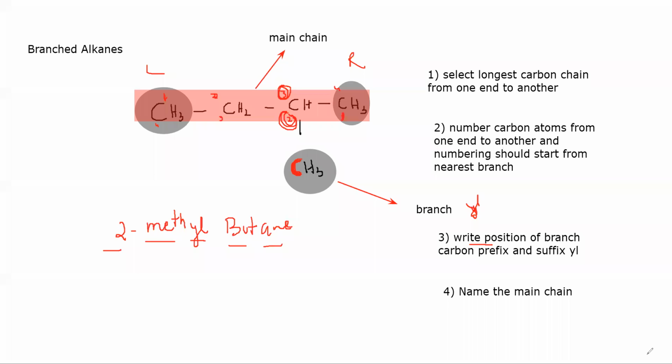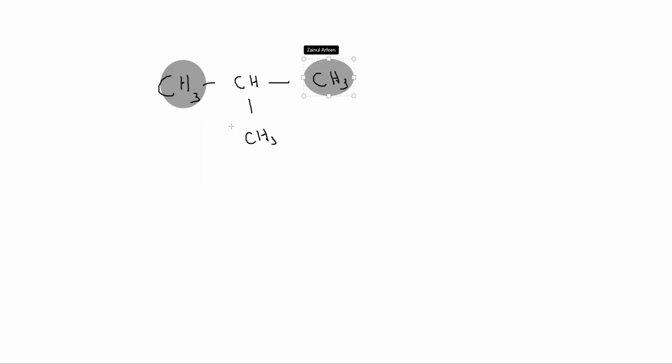Another example, CH3, CH, CH3, CH. So if we shade the branch, sorry, first the ends, 1, 2, and 3 ends are there, okay?